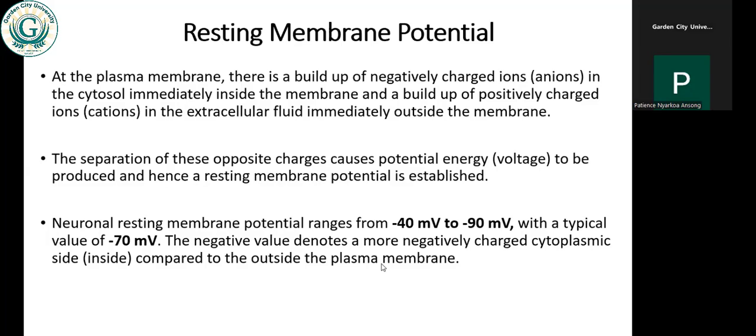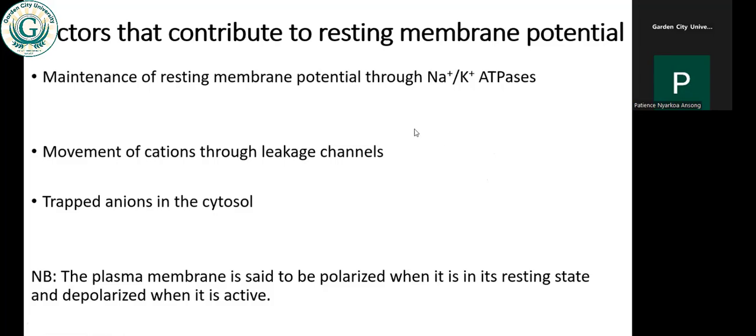Okay. So now, if the inside of the cell is more negative than the outside, what accounts for this change? First, we have the maintenance of the resting membrane potential through the sodium-potassium ATPase.